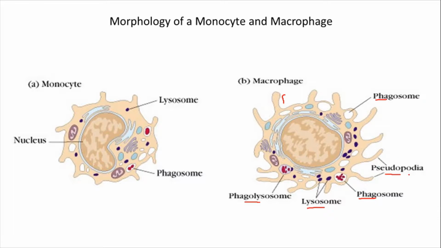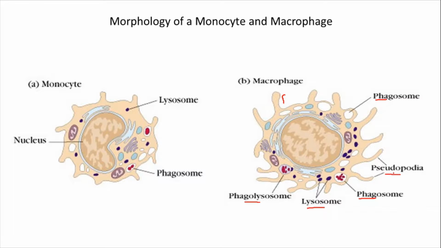This pseudopodia is a projection, like propagated organelles, present on the surface of macrophages. This pseudopodia is involved in opsonization, especially the phagocytosis process, when the antigen is engulfed. This is a major function of pseudopodia.